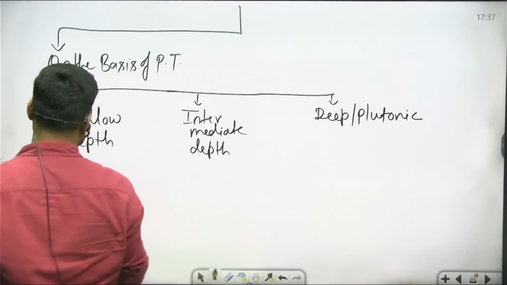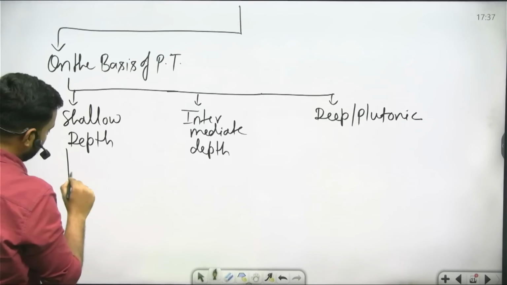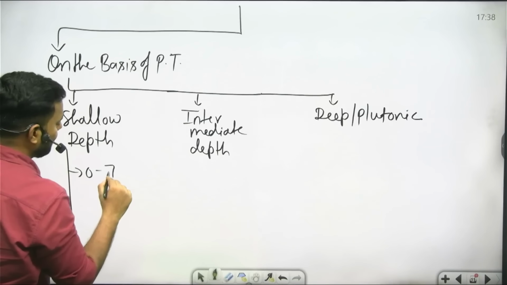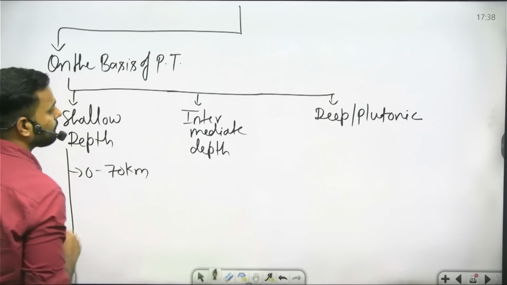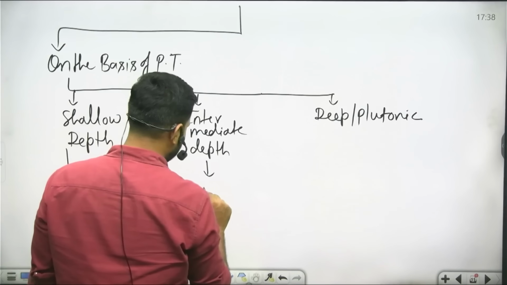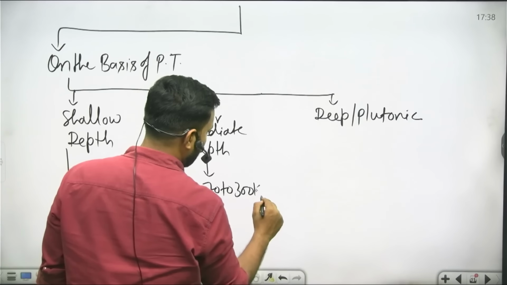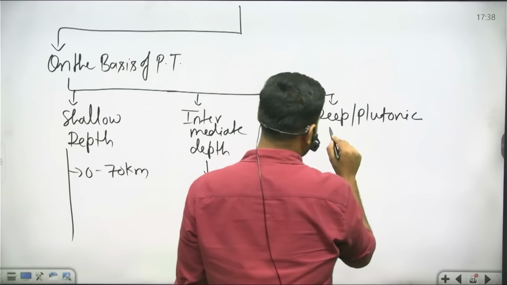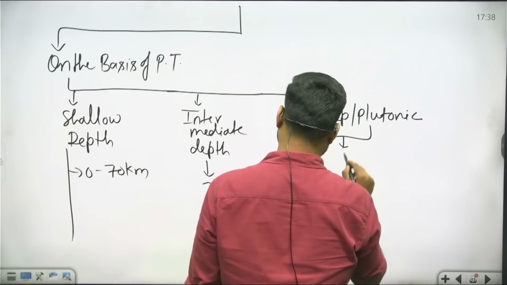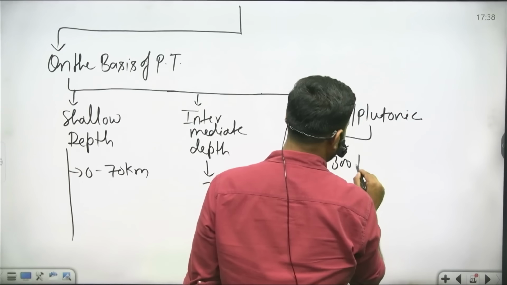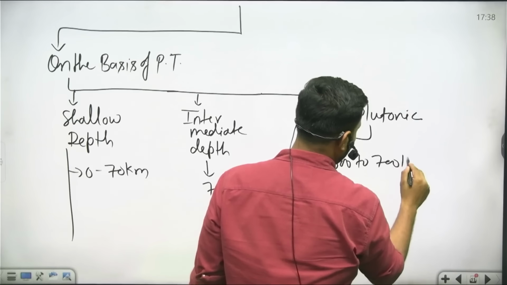The shallow depth is lying between 0 to 70 kilometer. Intermediate depth lies between 70 to 300 kilometer, and deep or plutonic is ranging between 300 to 700 kilometer.